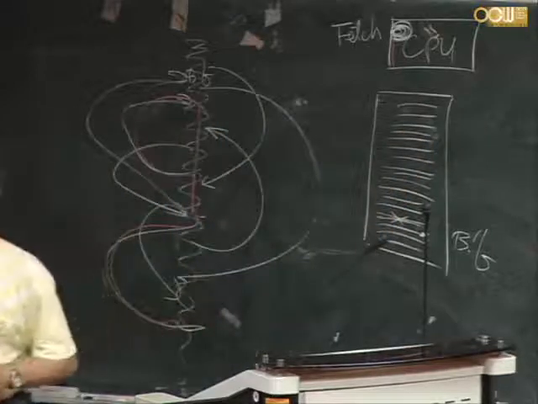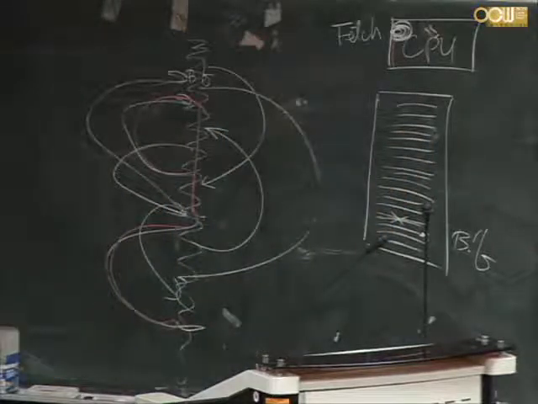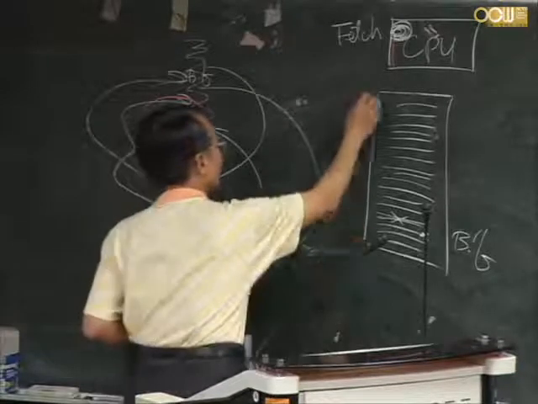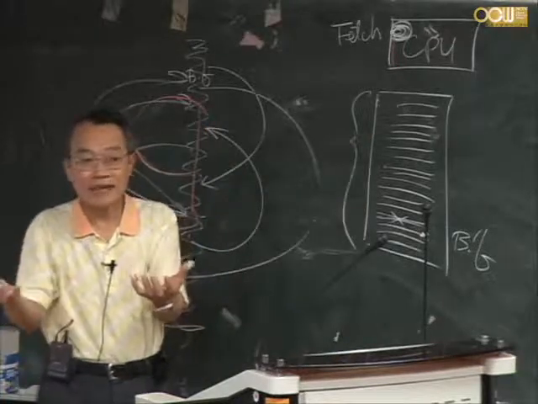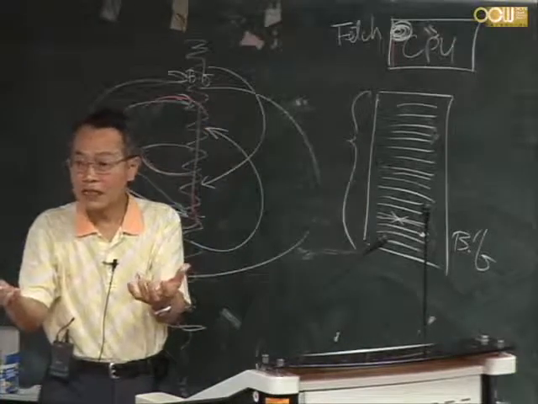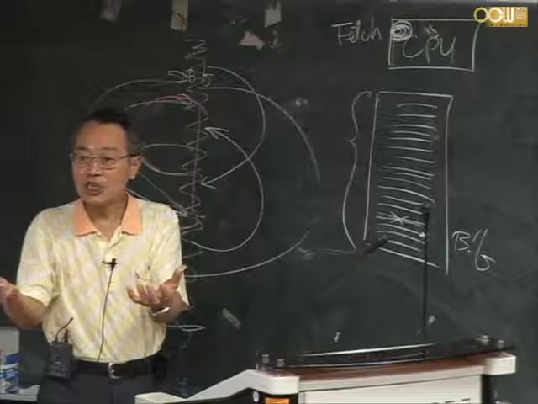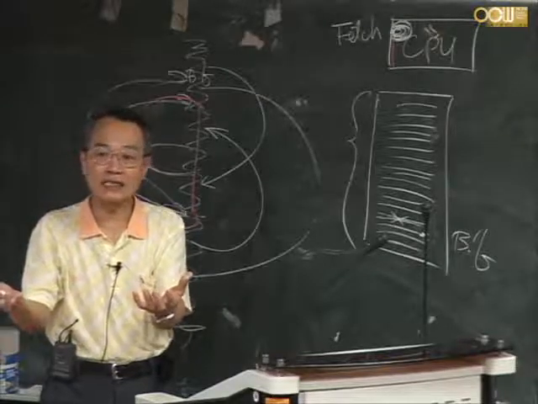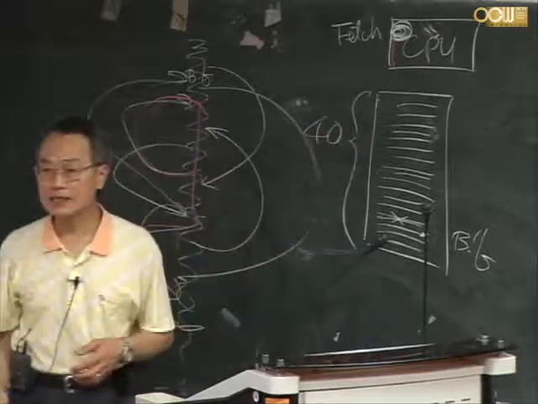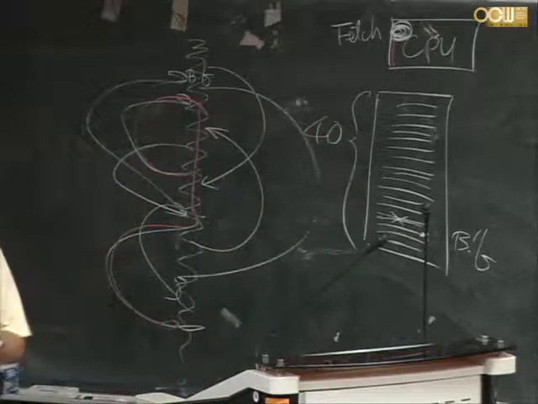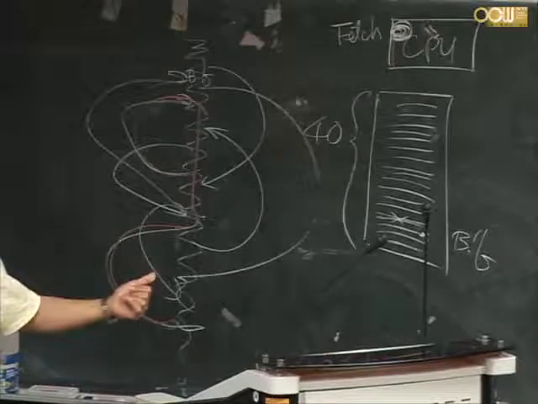My predictor will help me continue fetching new instructions. So very quickly, I will have many instructions at hand. How many? In the ancient Pentium case, 40 instructions. Nowadays, maybe up to 128 instructions in my table.